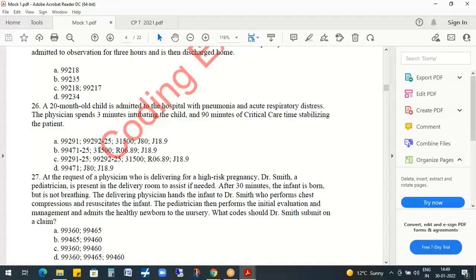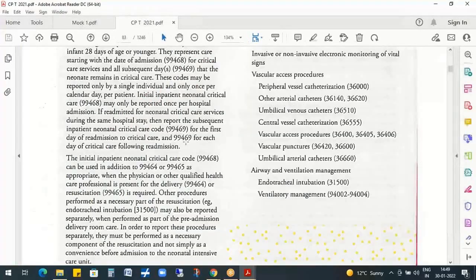That means 31500 is included or not? Then what will be your answer? D is the answer. Understood? Those services are included.